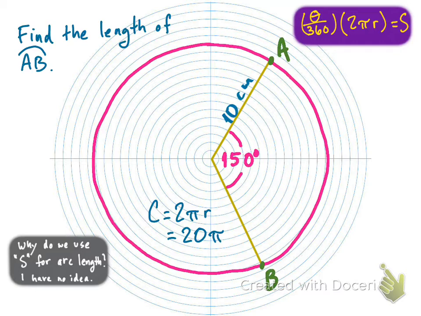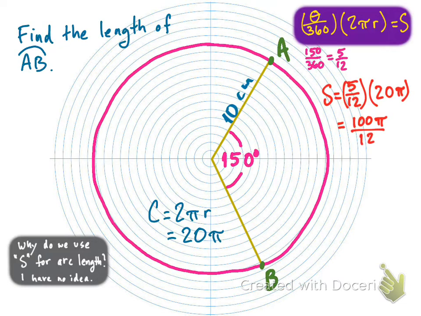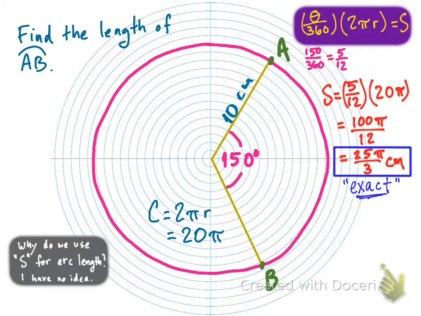And we're going to multiply that circumference times the fraction theta over 360. 150 over 360 reduces down to 5 over 12. So let's multiply 5 over 12 times 20 pi. We get 100 pi over 12, which reduces down to 25 pi over 3 centimeters. That is our exact representation of arc AB.